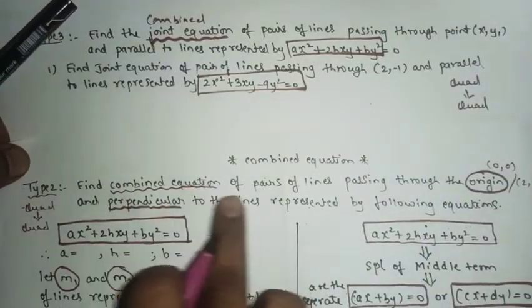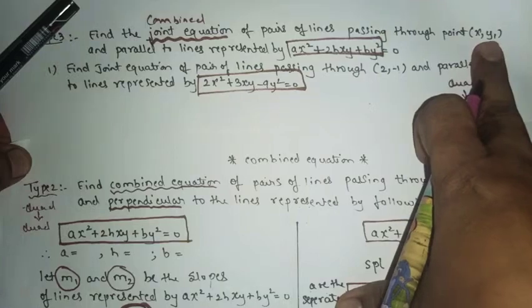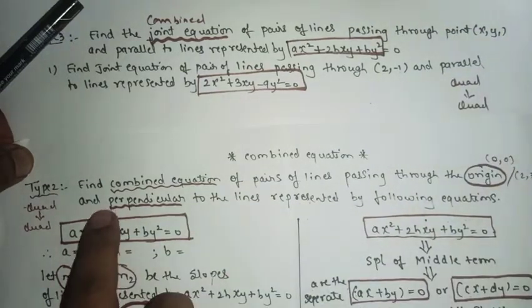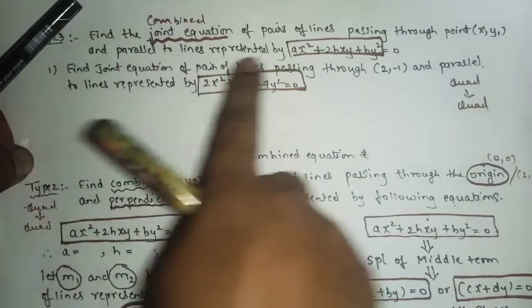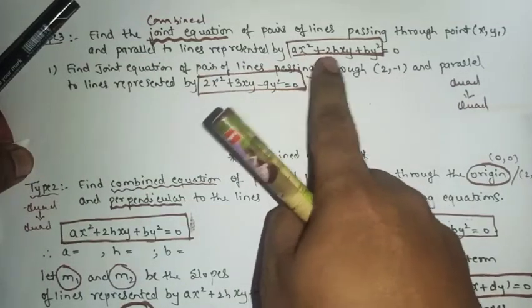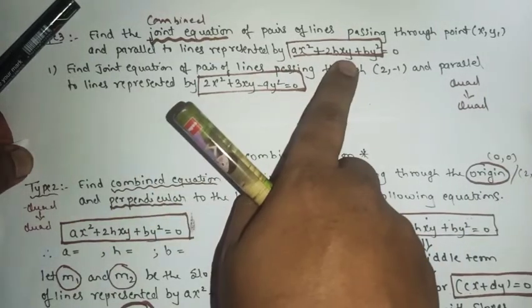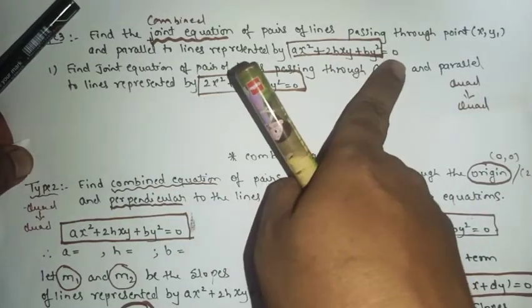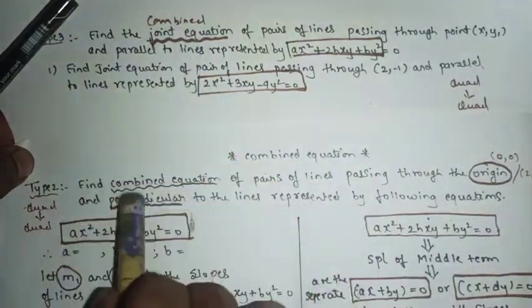Find the combined equation of the pair of lines passing through the origin, but here it is passing through x1 y1 and perpendicular to the line. So in place of perpendicular, it is parallel to the lines represented by the following equation, ax square plus 2hxy plus by square equals 0. So here what is the change? Here also we have to find the combined equation.